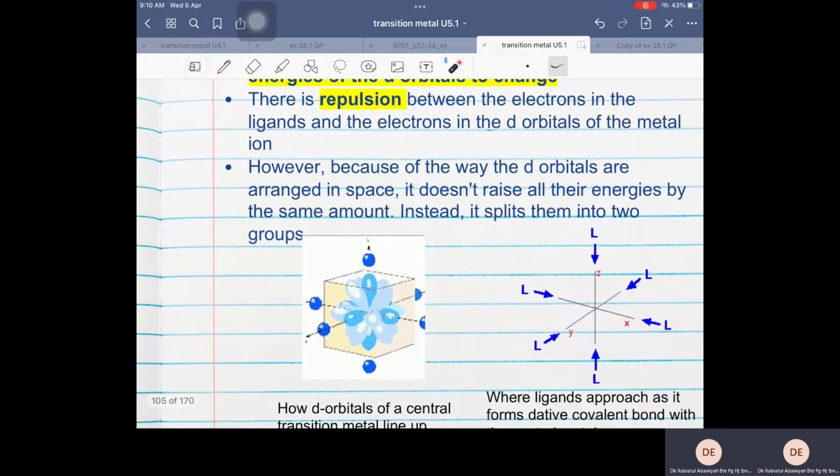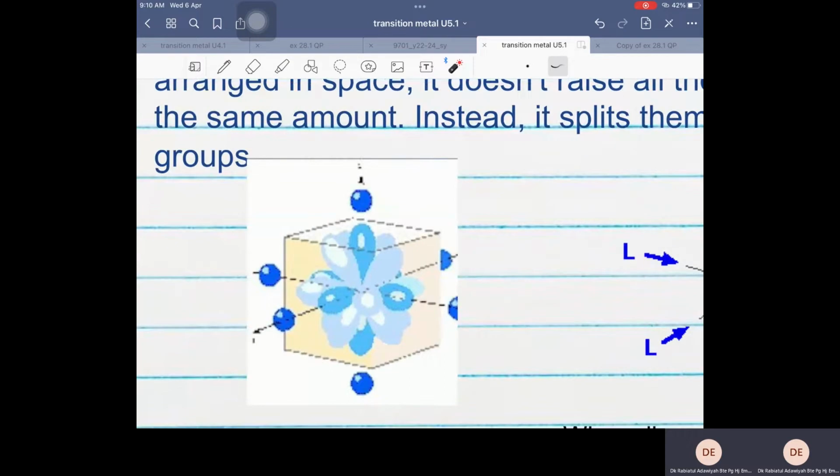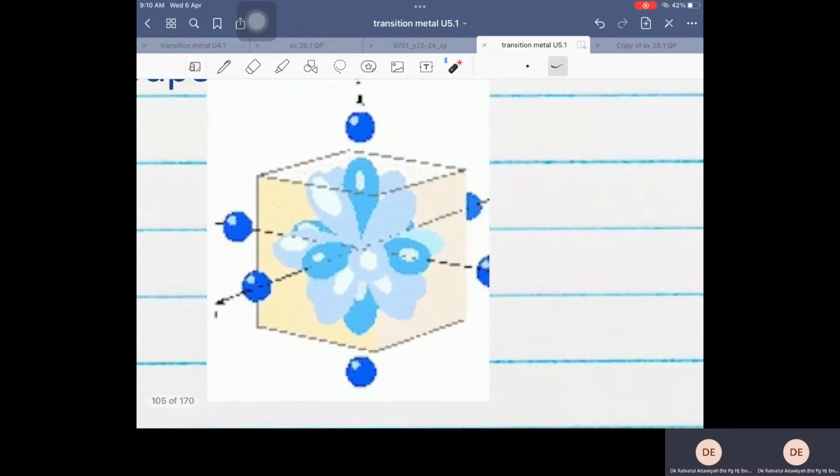So I'm going to explain the idea of placing ligands. This is the best diagram that I can find on the internet. Let me just use this diagram first to explain, and then later on we will read the description or the explanation and see if you can understand.